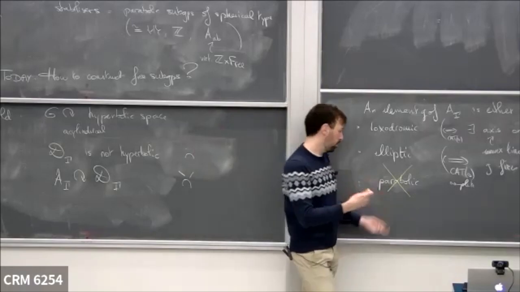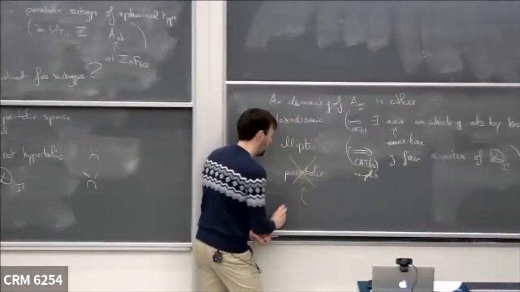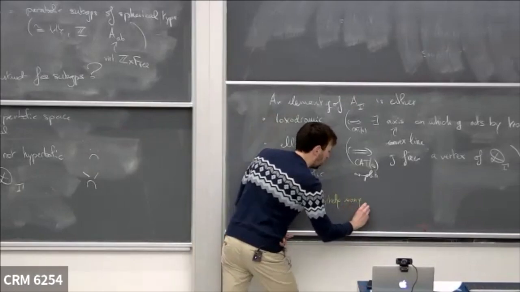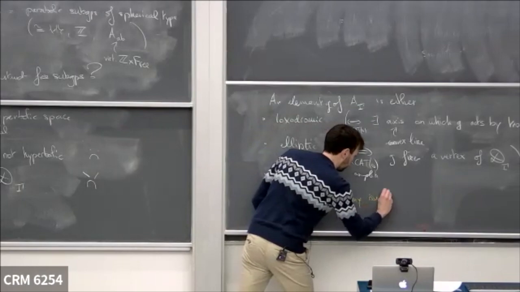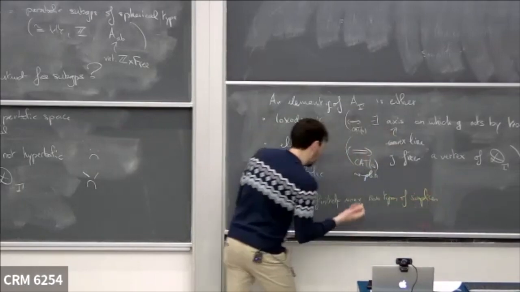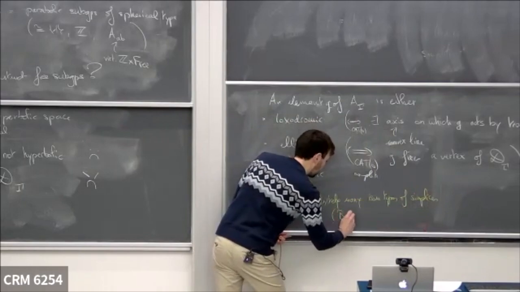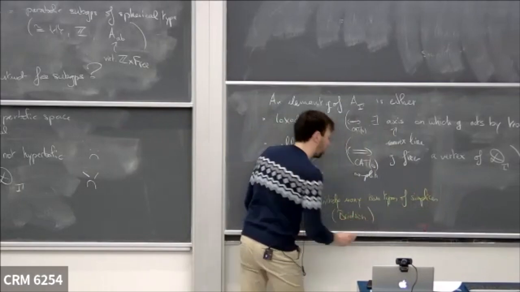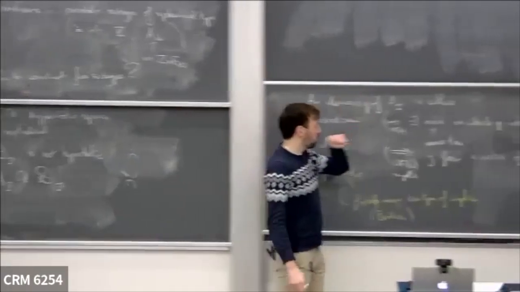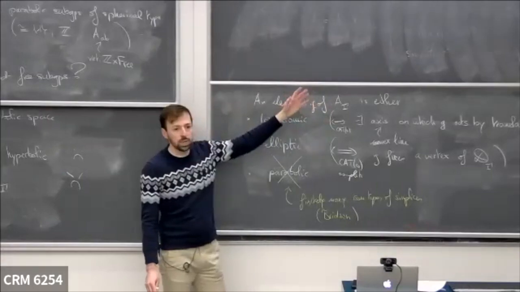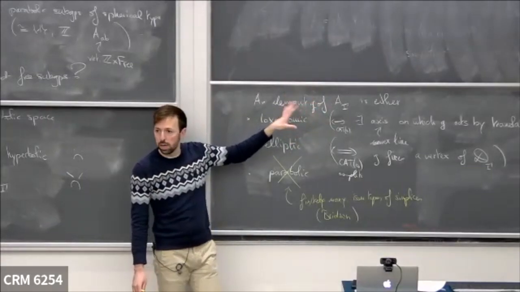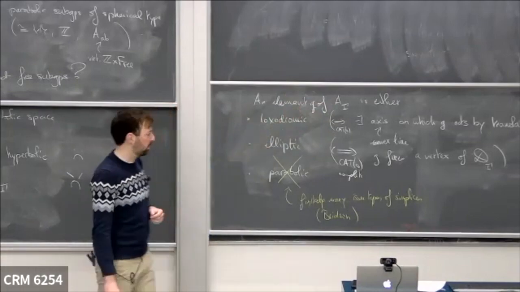And when you have only finitely many isometry types of simplices, it's a result of Bridson that in that case an isometry can only be what's called semi-simple, either elliptic or loxodromic. So we're going to try to construct free subgroups, knowing that the elements in our group only act in that way, either elliptically or loxodromically.